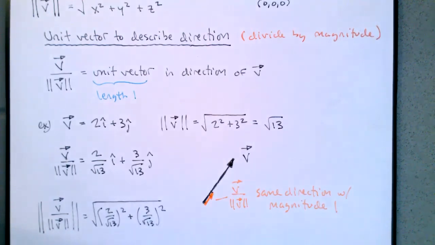So I have 4 over 13 plus 9 over 13. And then we'll add those together and take the square root, and we'll have the square root of 13 over 13, which is 1.